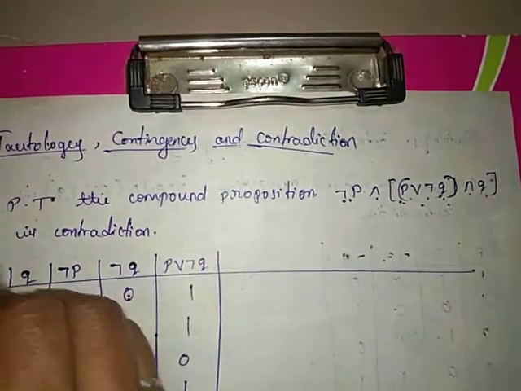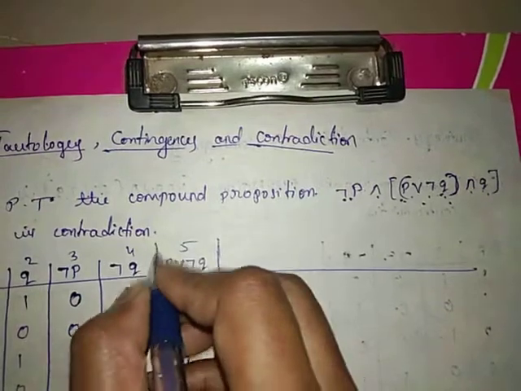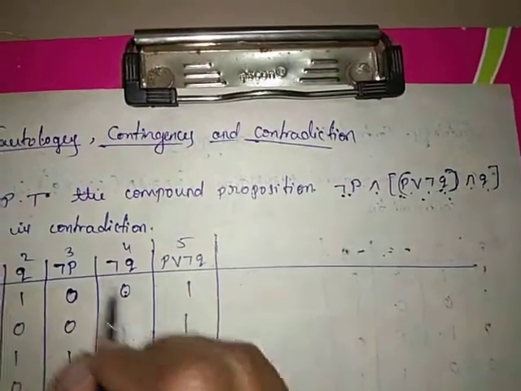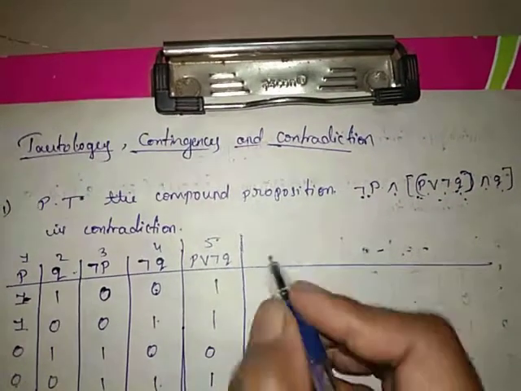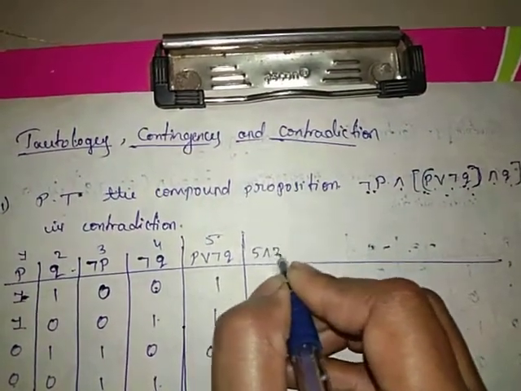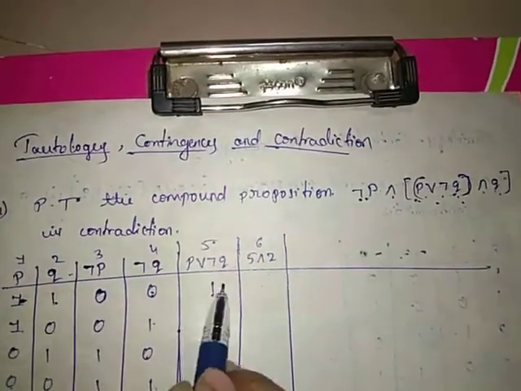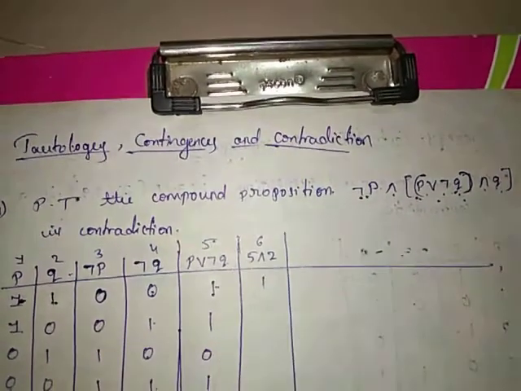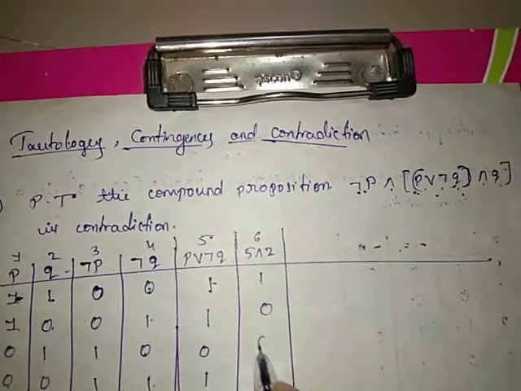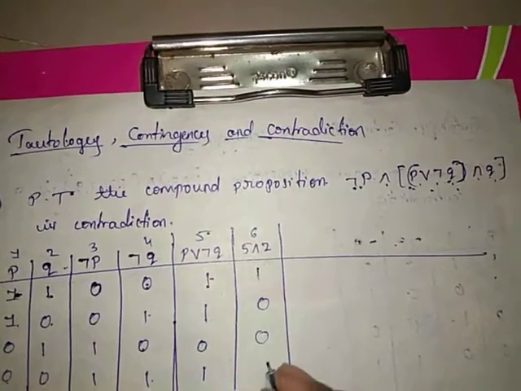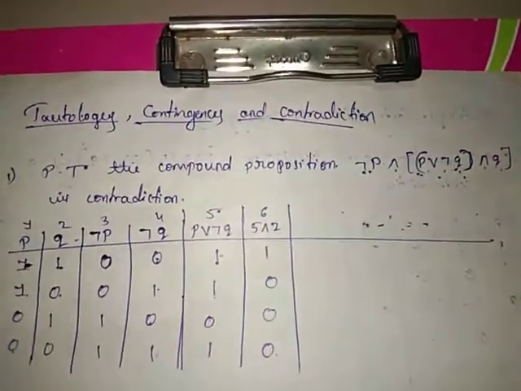Now we need P or negation of Q, and Q. We can call these columns 1, 2, 3, 4, 5. So according to the column names, we need 5 and 2. So 5 and 2, this will be the sixth column. 5 and 2: 1 and 1, 1; 1 and 0, 0; 1 and 0, 0; 1 and 0, 0. So what is the next part that we need?